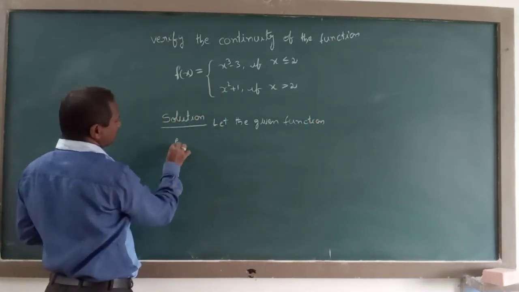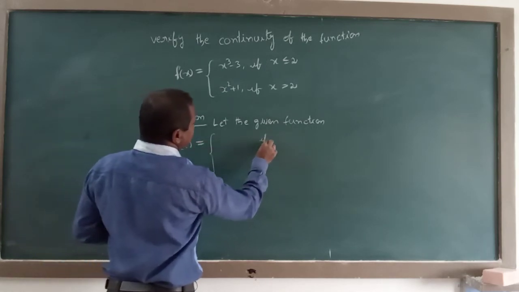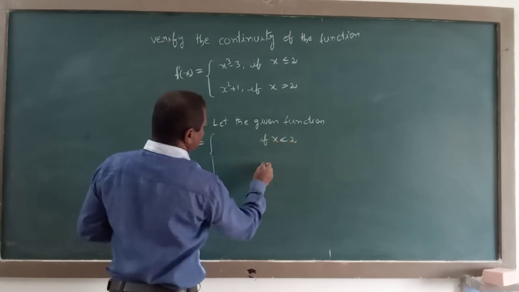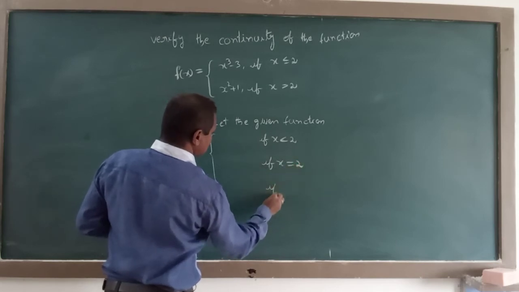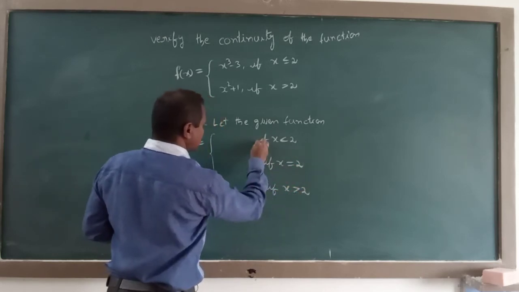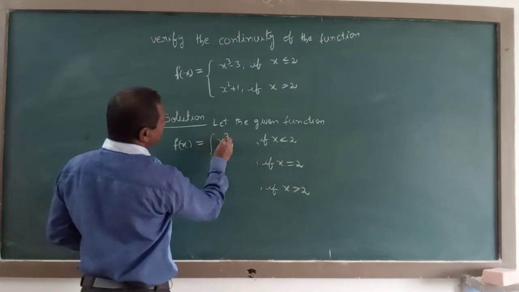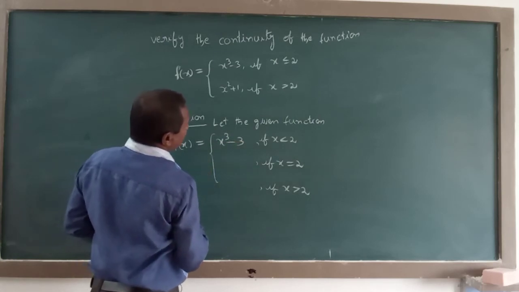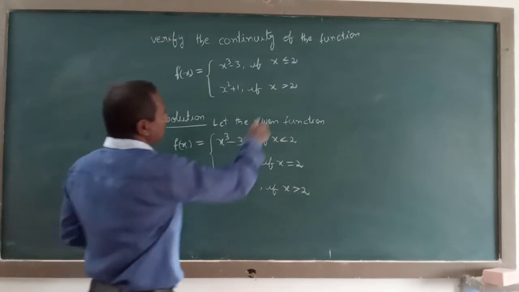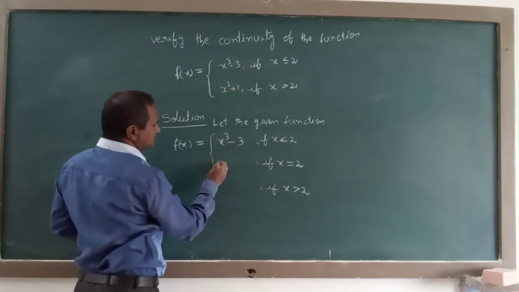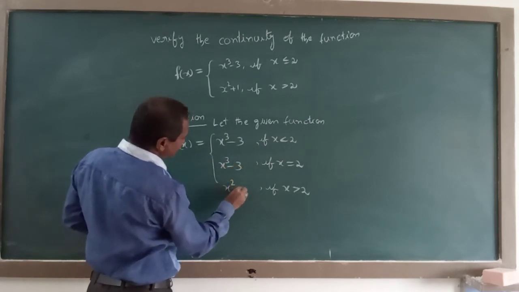Corresponding to less than 2 and equal to 2, the function is x cube minus 3, since less than or equal to means it applies to both. For the greater than symbol, the function is x square plus 1.